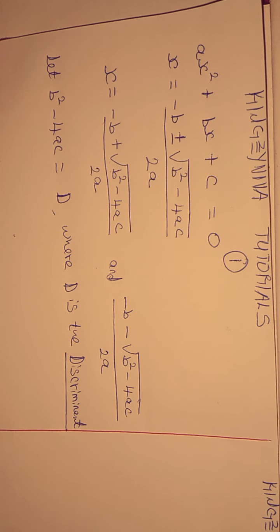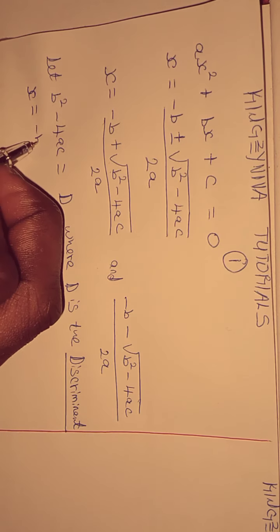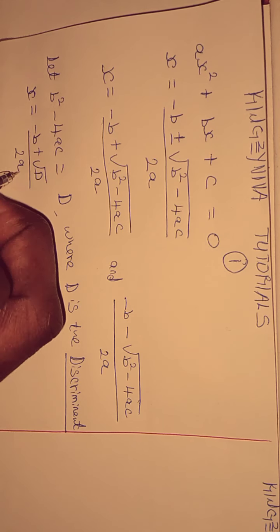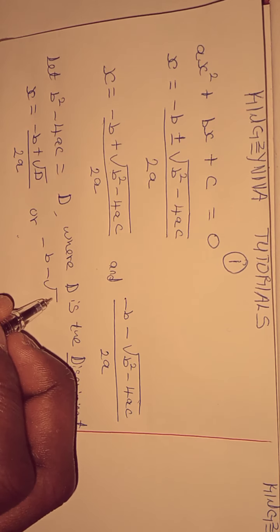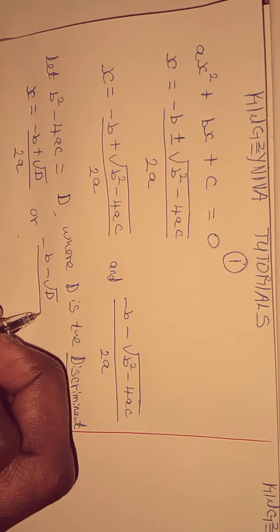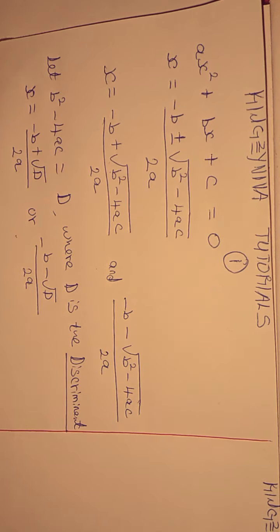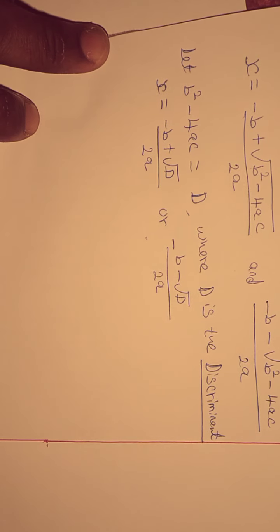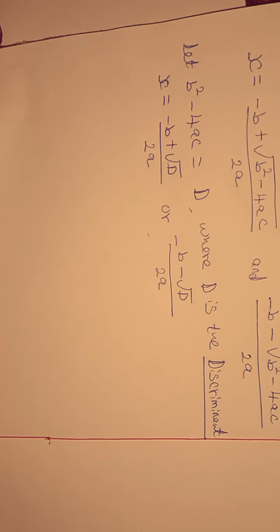So we can now write x is equal to minus b plus root d over 2a, or minus b minus root d over 2a. Once this is done, the next thing is to call one of the roots alpha and the other root beta.